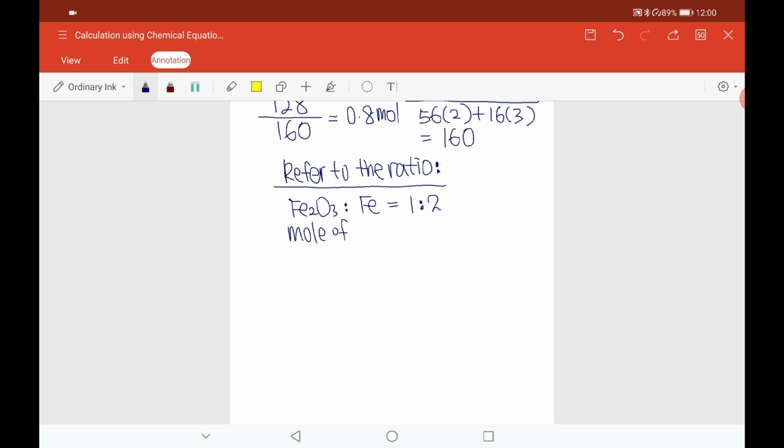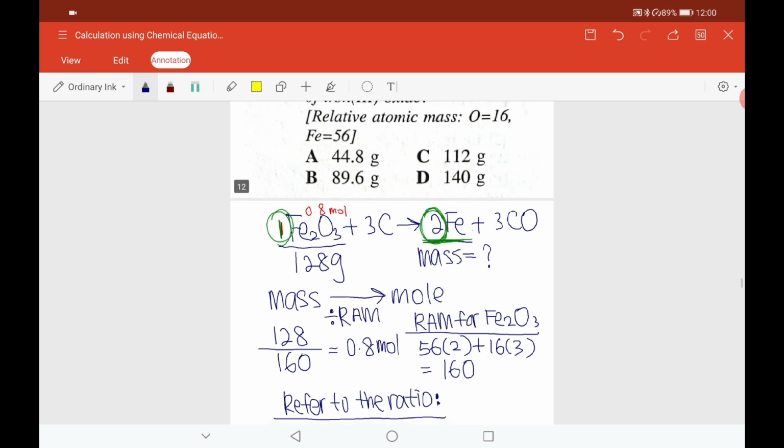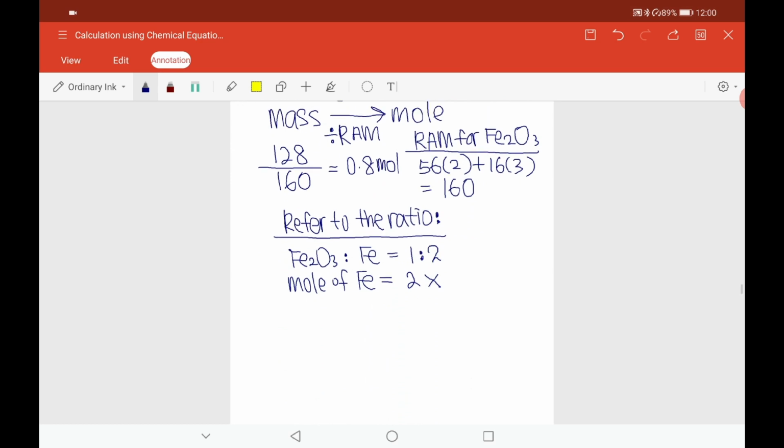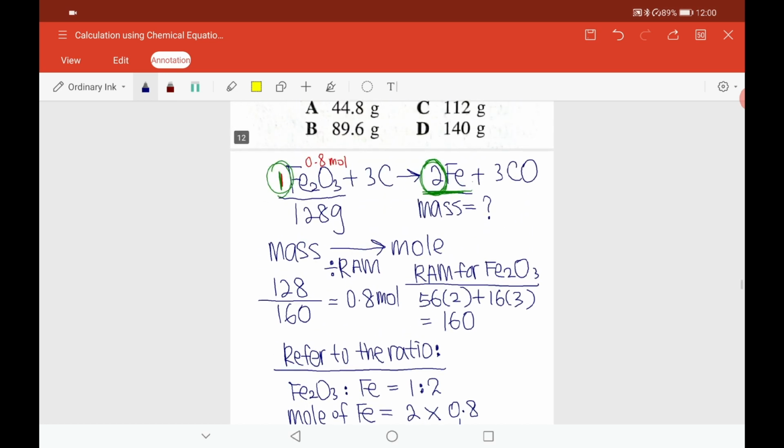The mole of Fe2O3 we just found is 0.8, so 2 times 0.8. The final answer here is 1.6 mole. Now we know the mole of iron.